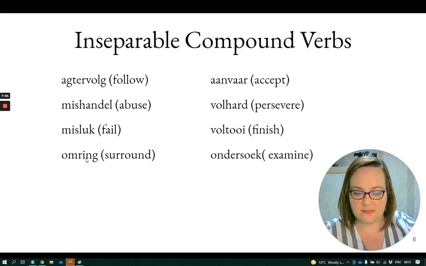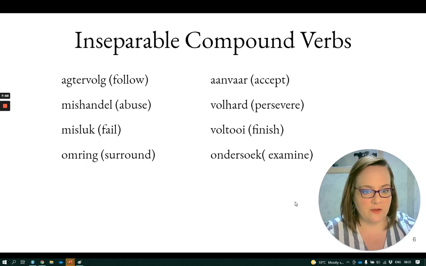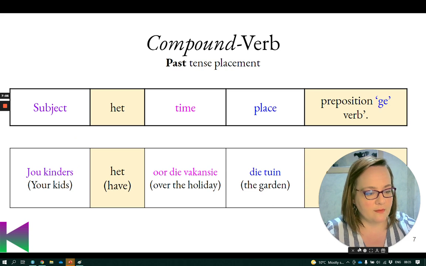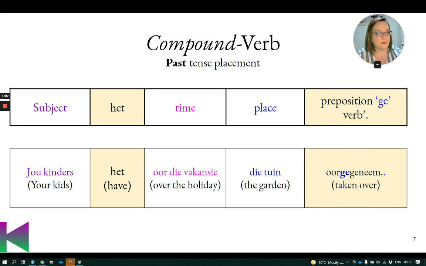So let's start making some sentences so that you can see where we're going. Okay, so this is past tense. What do you already know about past tense? It needs a het and it needs a ge verb. So what happens is that in the compound verb, the ge goes in the middle of the two words, the preposition and the verb.